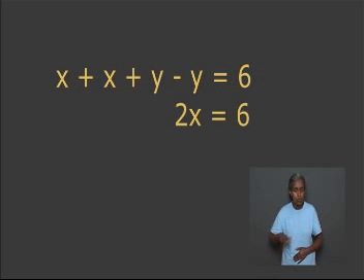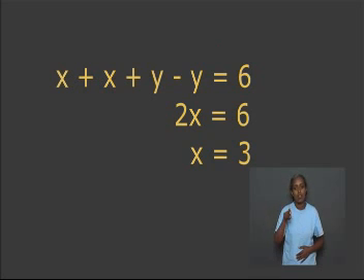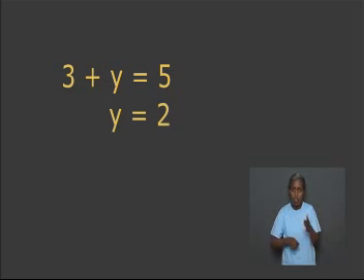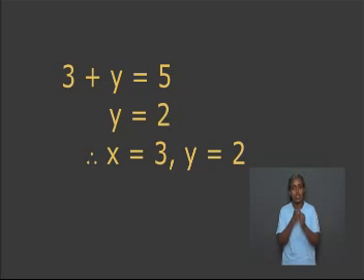We are left with 2x equals 6. When we solve for x, we get x equals 3. If we substitute 3 back into the first equation, we find that the value of y is 2. So the solution for the first system is x equals 3, y equals 2.